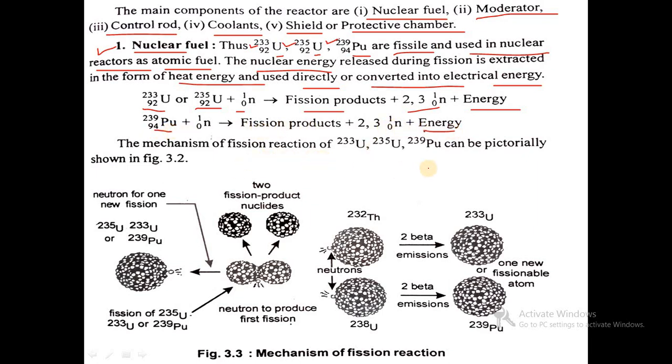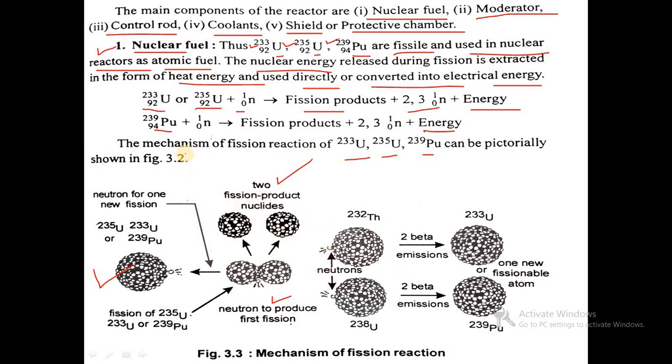The mechanism of the fission reaction, when the nuclear fuels are uranium 233, uranium 235 or plutonium 239, can be pictorially shown as in the figure below. When this nuclear fuel is bombarded by neutrons, fission takes place. There are two fission products and we get secondary neutrons.